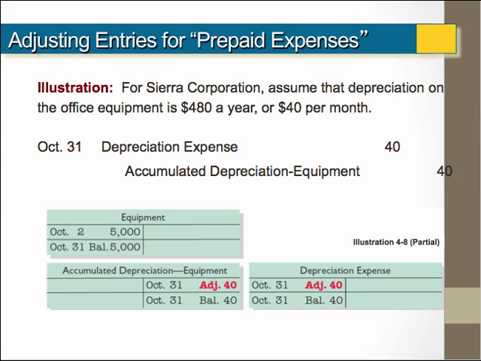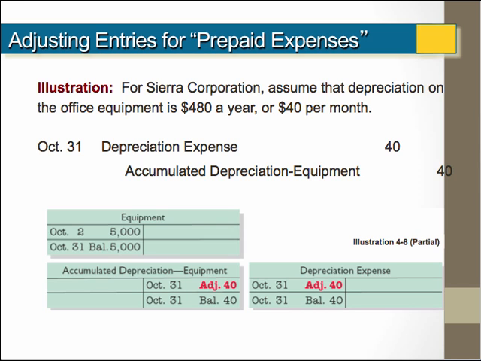So here's an illustration. For Sierra Corporation, assume the depreciation on office equipment is $480 a year, or $40 a month. Each month, we would need to recognize the use of the equipment, $40, and increase the depreciation expense.